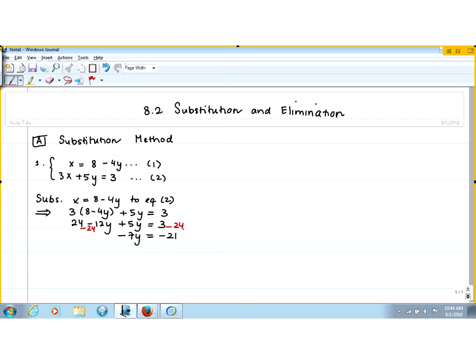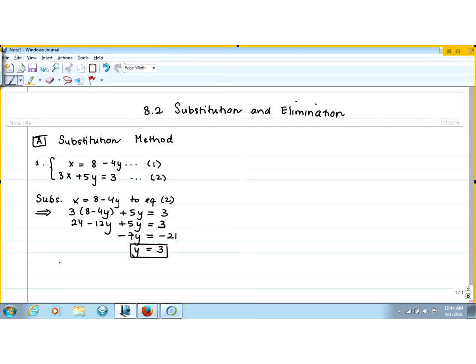But if you write it, make sure you write it on both sides, not just one. Or you don't have to write the minus 24 on both sides. Either way. So what is y? 3. All right. Good.